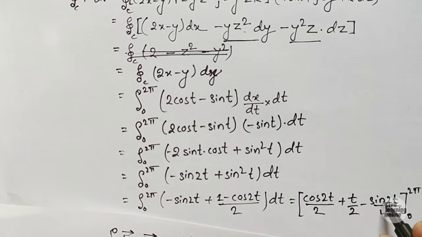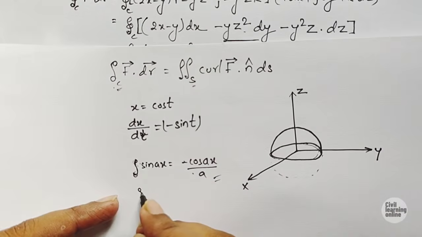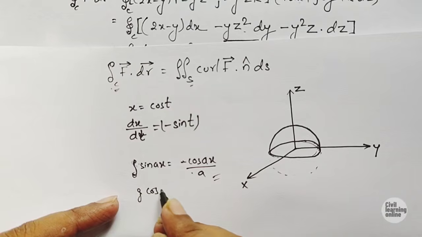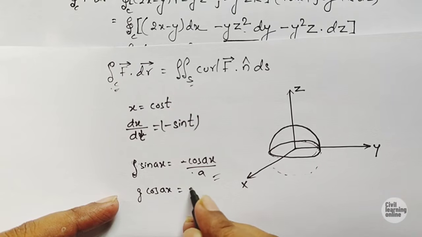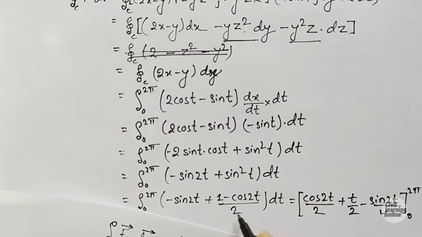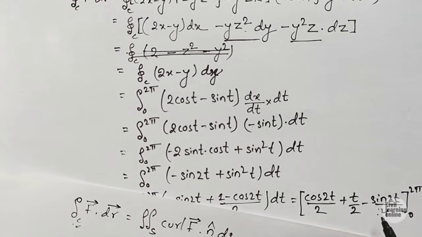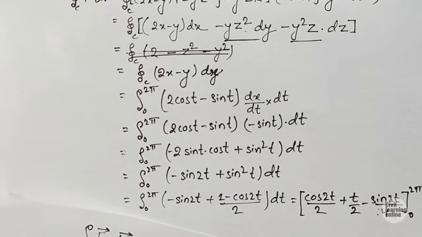And again here we have cos 2t, and similarly the integral of cos ax is sin ax upon a. So this 2 is multiplied with this a, so 2 times 2 will be 4, and sin 2t.